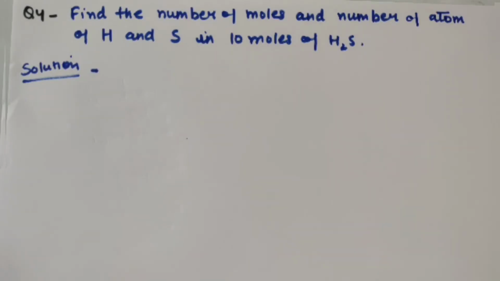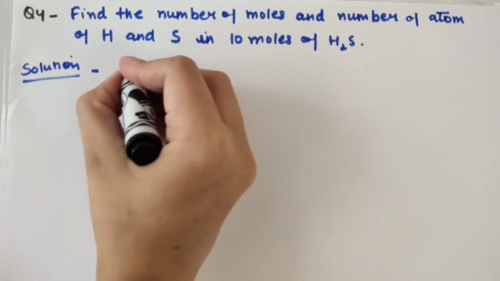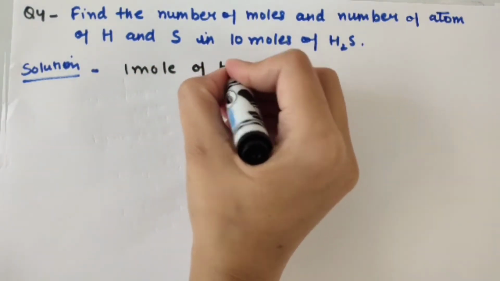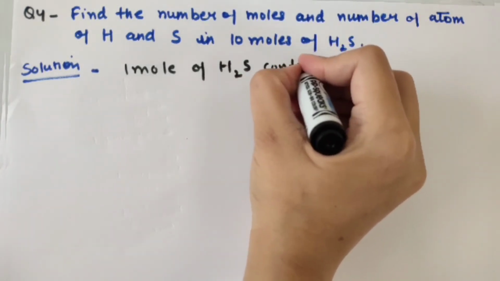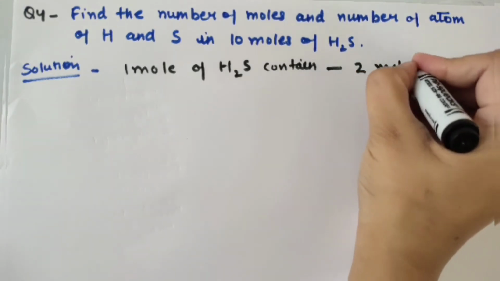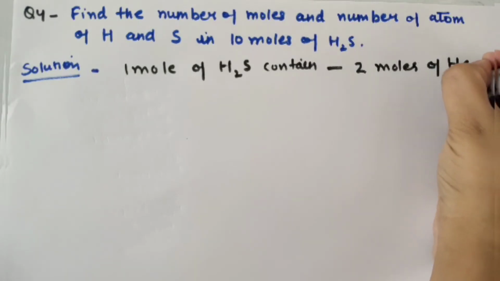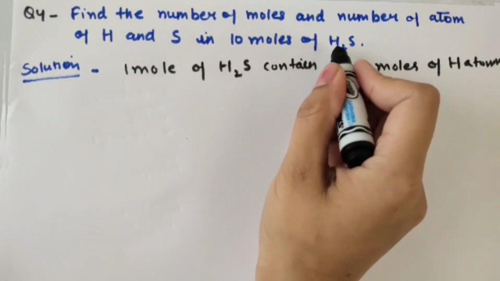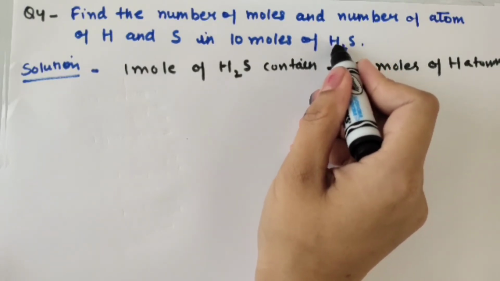Let's solve the question. So we know that 1 mole of H2S will contain 2 moles of hydrogen atoms, because the formula is H2S. So there are 2 hydrogen.